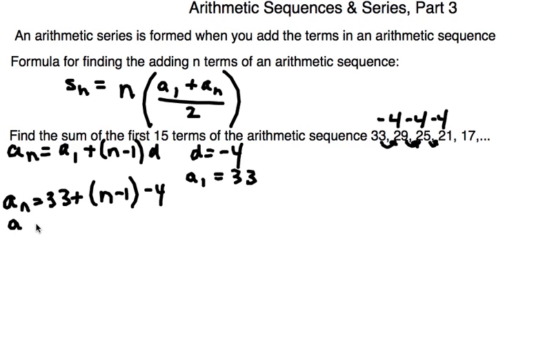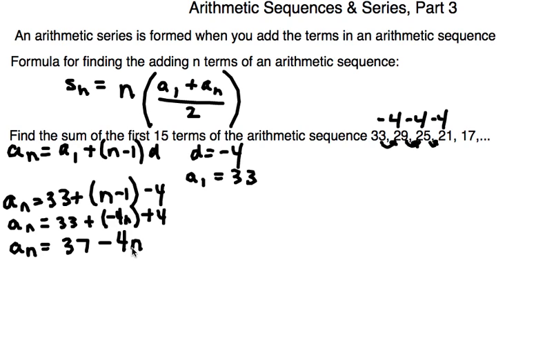Okay, we distribute the -4 to the n minus 1 there, so we have 33 plus -4n plus 4. Okay, and this is going to be our rule. So we have 37 minus 4n. That's our rule, so we can find any term that we want.